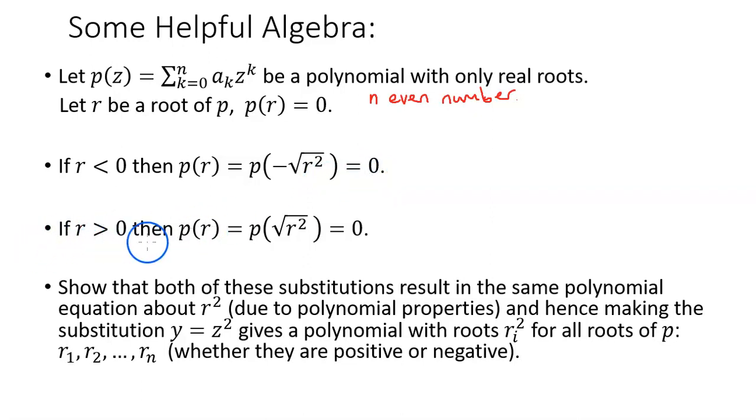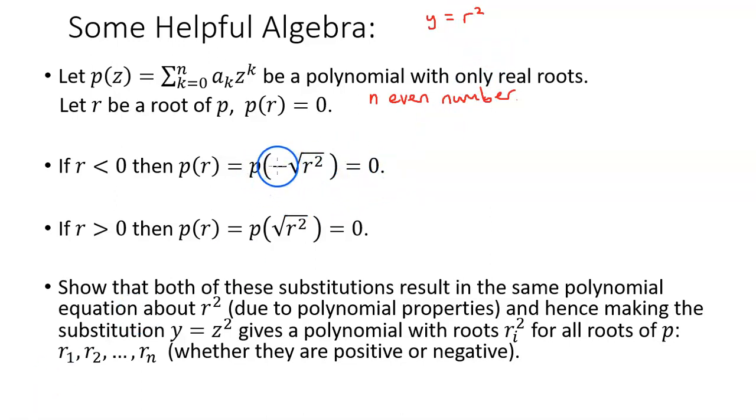If r is bigger than 0, then p of r is equal to p of the positive square root of r squared, and it's equal to 0 again because p of r equals 0. Now down here I've said show that both of these substitutions result in the same polynomial equation about r squared. So let's let y equal r squared, just for the sake of convenience.